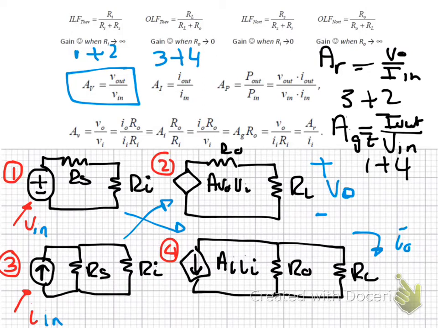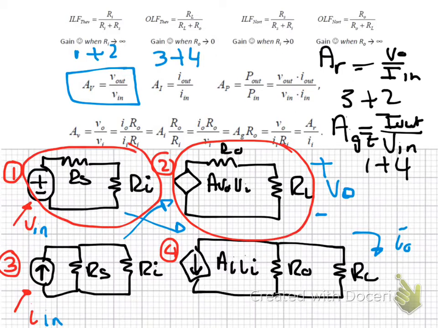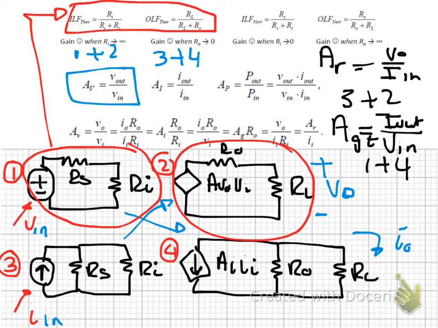If you've got a voltage gain stage, like this stage or this stage, then your input loading factor and output loading factor are shown by those.